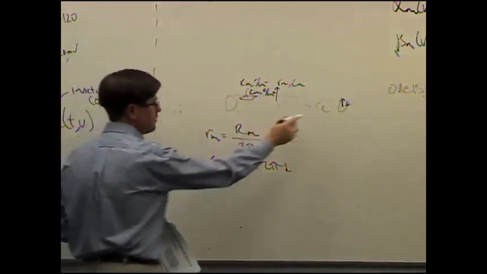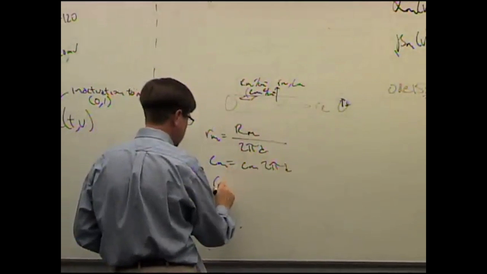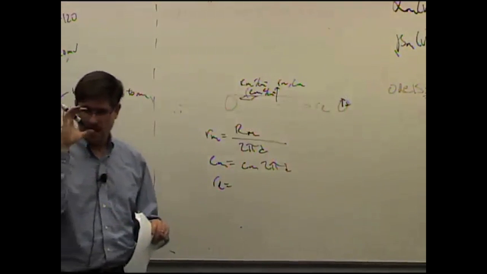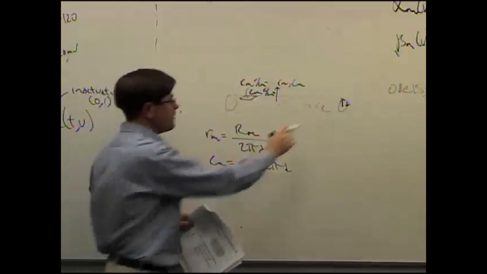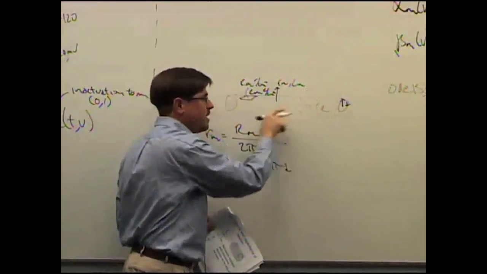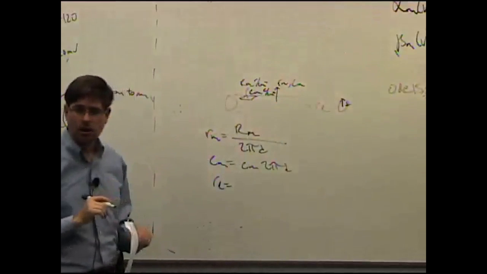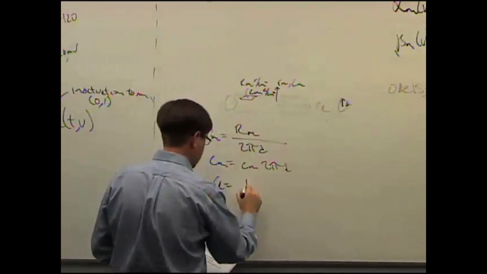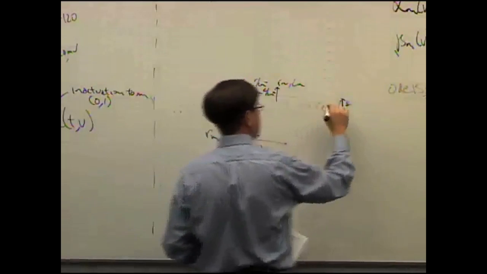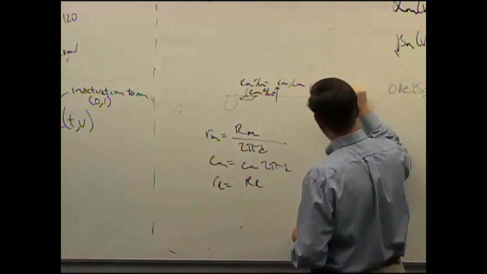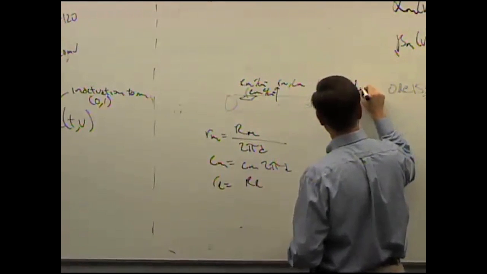And for the axial resistance, the smaller the diameter of the axon, the higher the resistance is going to be going along that direction, right? So the RL is going to be, if we think about the area inside, this is RL per centimeter squared.